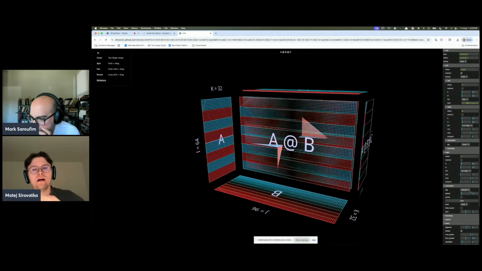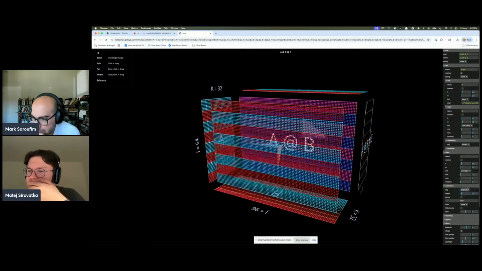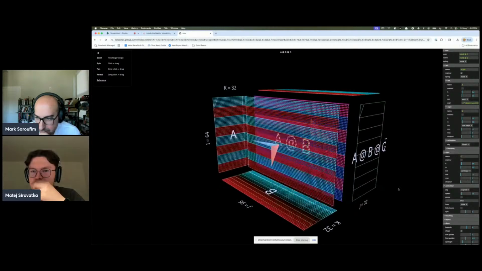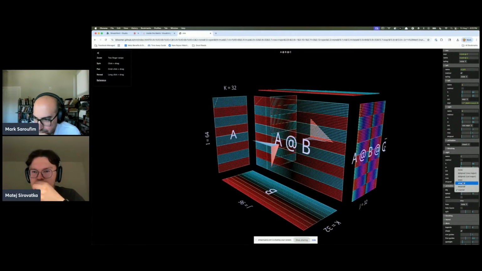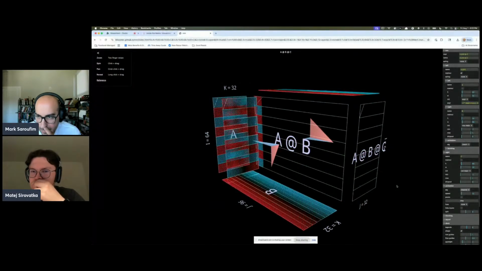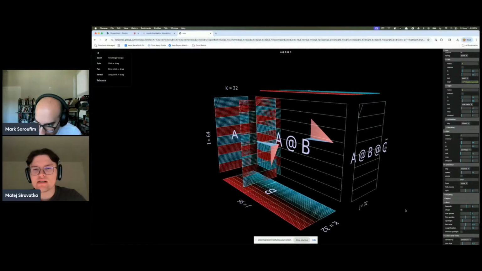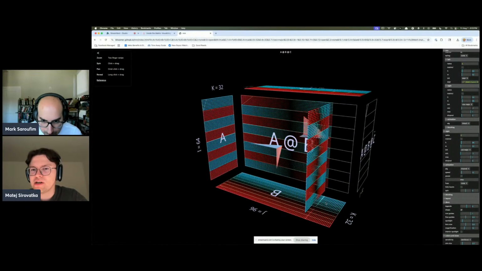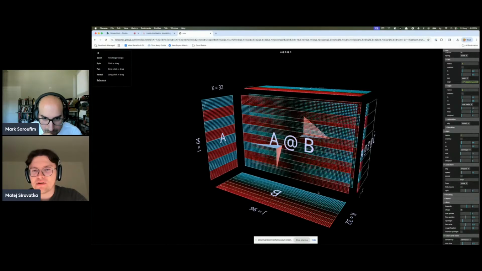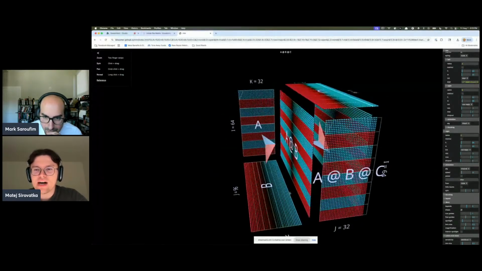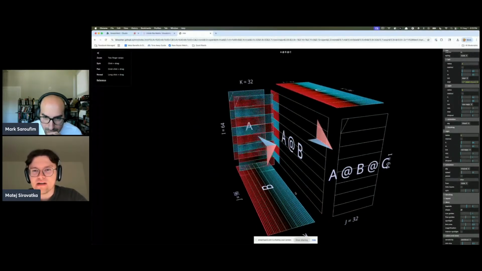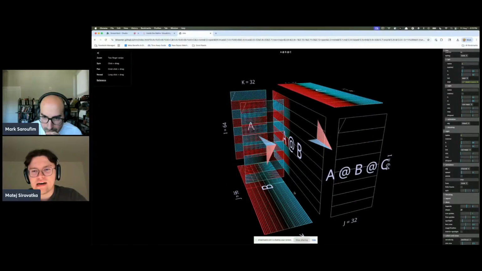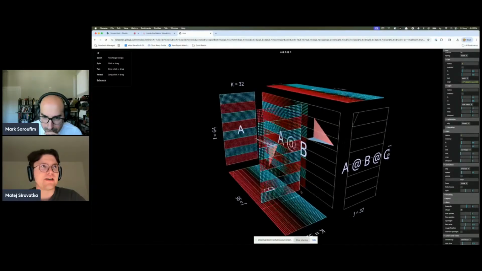So even though you need to store a smaller matrix in memory, or compute with a smaller matrix, you can't start computing the final matrix multiplication.